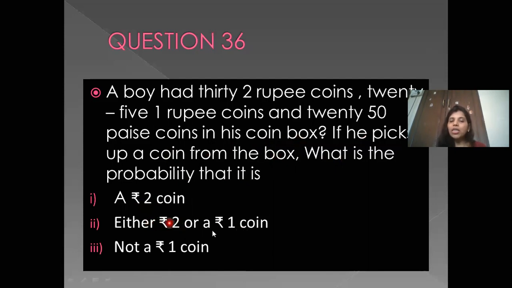So when it is either 2 or 1, you have to consider both the possibilities, and not a 1 rupee coin. So children, the number of coins which are given, we have to consider that. So 30, 25 and 20, when you add, that becomes our sample space.